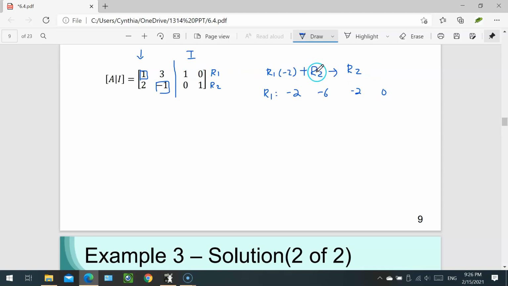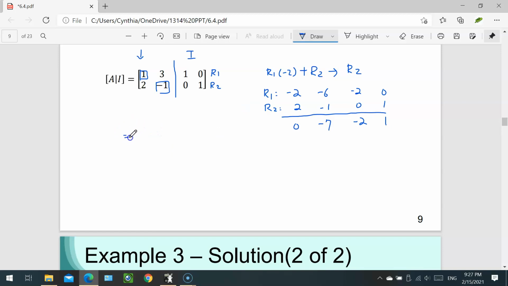Now we combine with the row 2, right? So the row 2 is 2, negative 1, 0, and a 1. Now we add these 2. So you turn to the 0, negative 7, negative 2, and a 1. So whatever result we have here, we keep this result on the row 2. So this will be your new row 2.